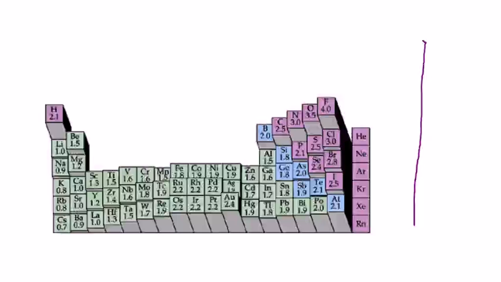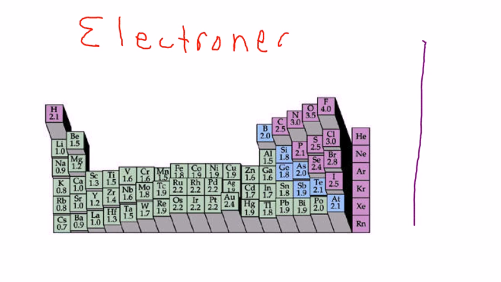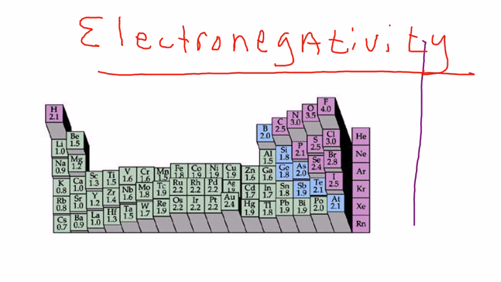But it's a very important property, and that property is known as electronegativity. So let me just write that down here. And I hope I spelled that right, but it's electronegativity.